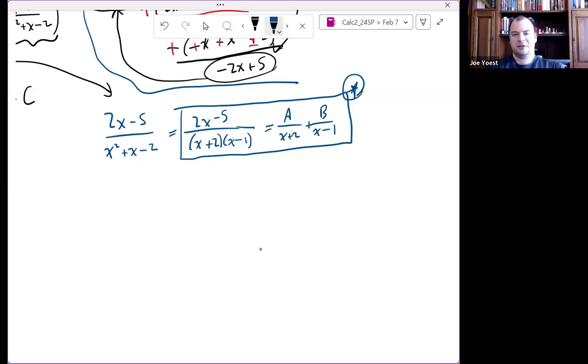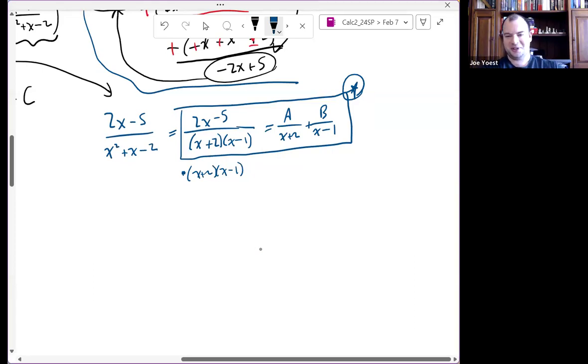But one thing I could do is multiply through by x plus 2 times x minus 1. Putting an x for multiplication looks like an x for the variable, so I'll just put a dot here for the times.